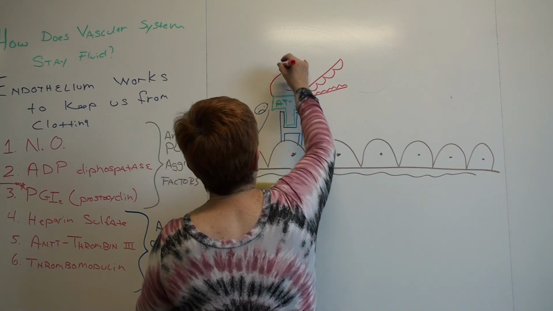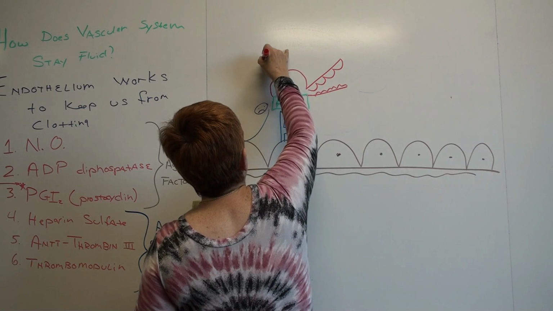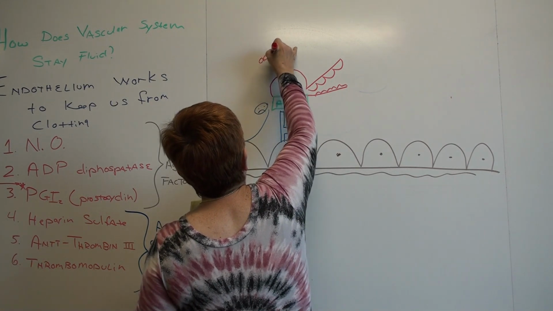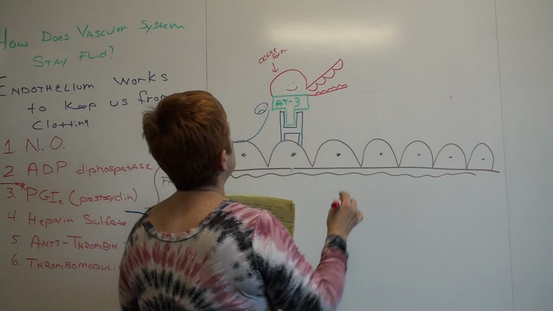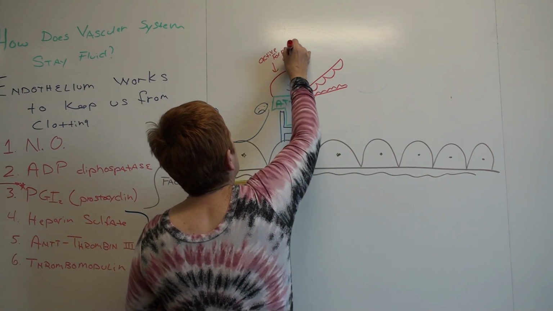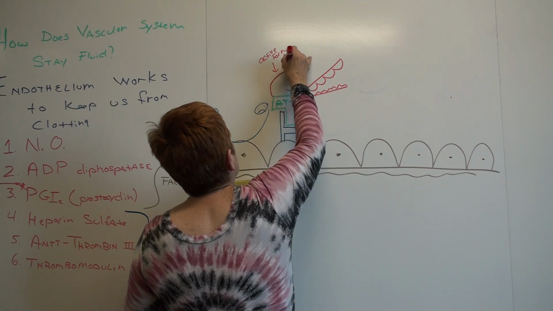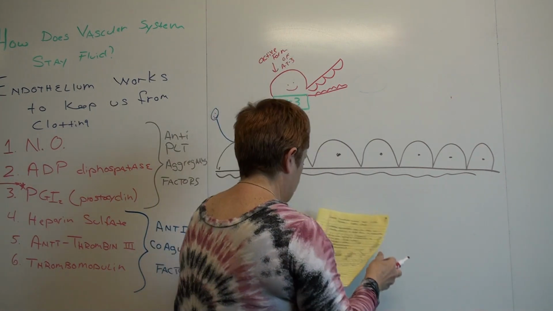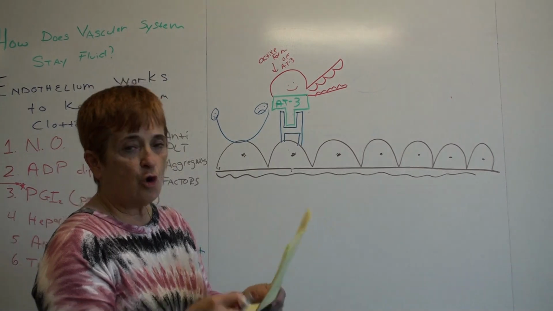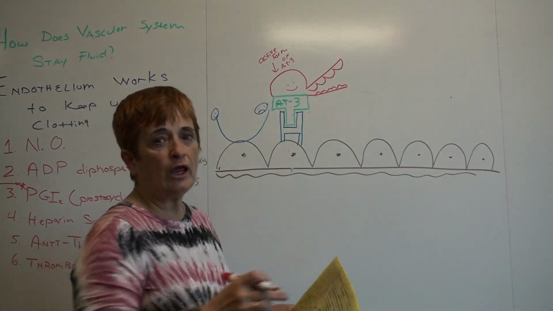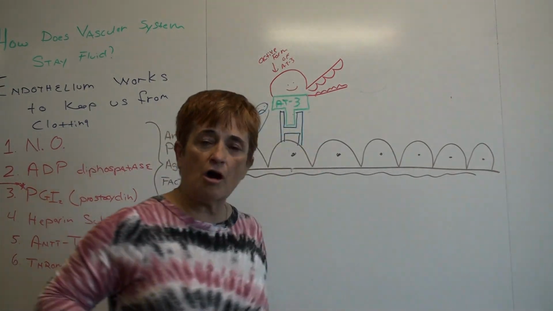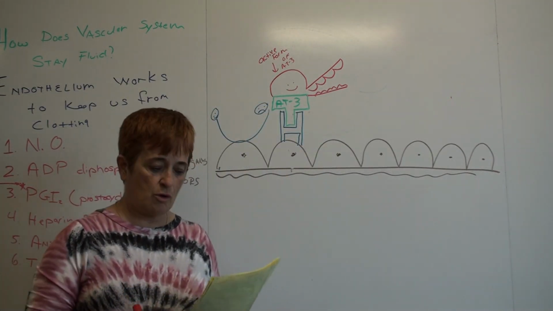Sorry. This is the active form of antithrombin 3. All right, so what in the world does the active form do, and why did I put little teeth on my active antithrombin 3?